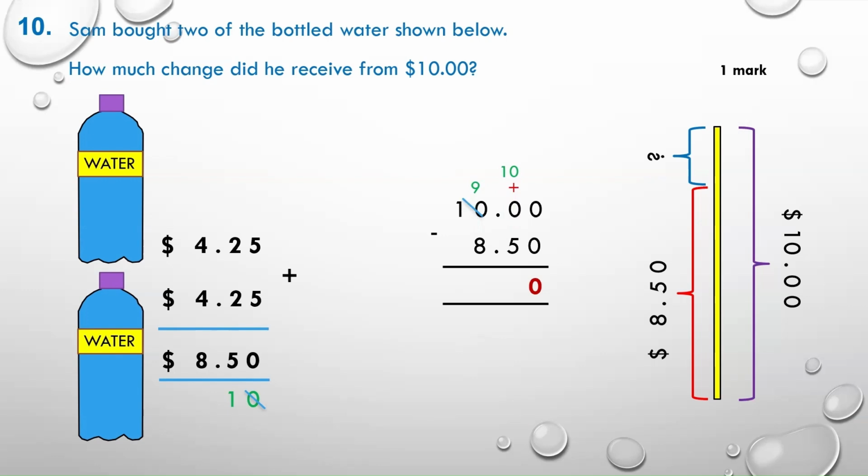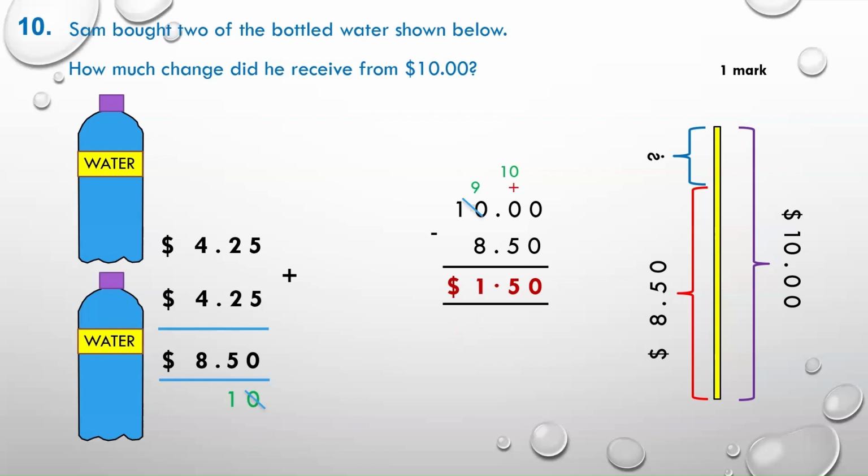So we have 10 cents minus 5 10 cents is 5 10 cents. And since it's cents, let's put the point. And we have $9 minus $8 is $1. As such, our answer is $1.50.